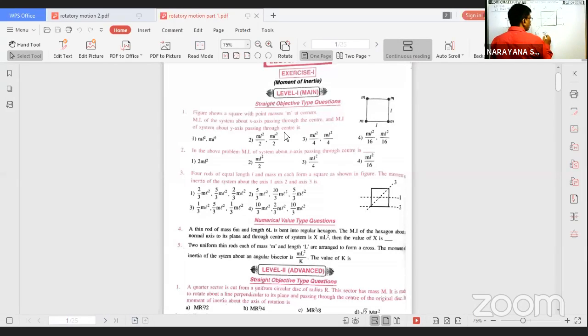The moment of inertia of this rod about this axis is m L square by 12 because it is the axis passing through the midpoint perpendicular to length.